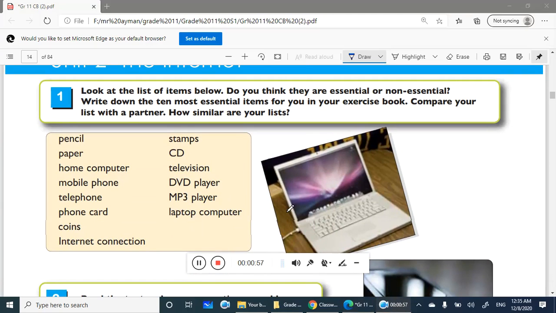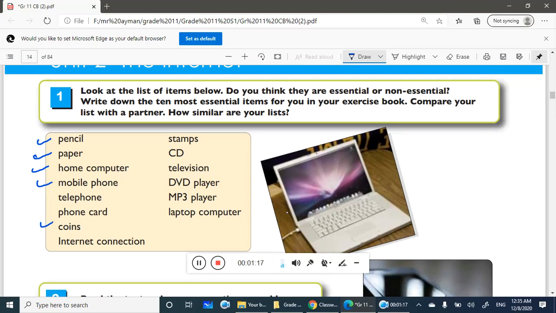Okay, for me, because there is no fixed answer for this question, I think the 10 most essential items are pencil, paper, maybe home computer, mobile phone, coins or money, internet connection, maybe television, CD, laptop computer.